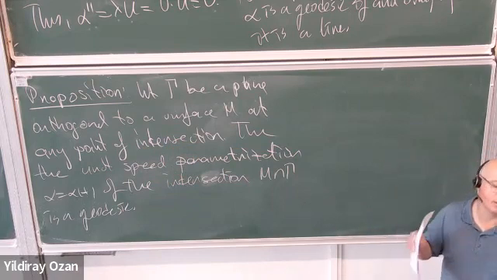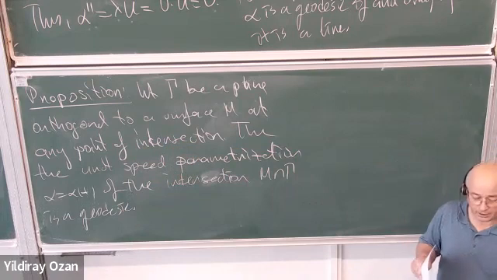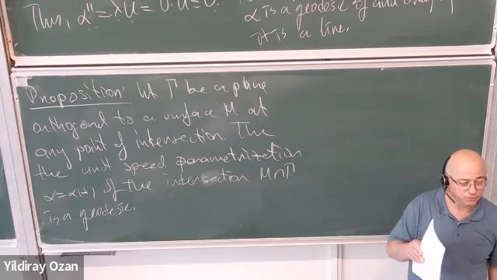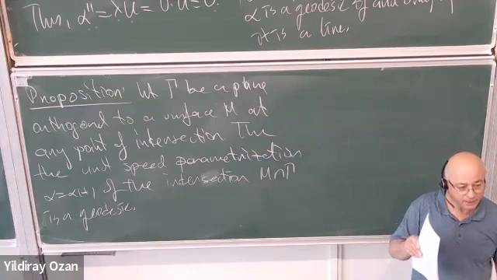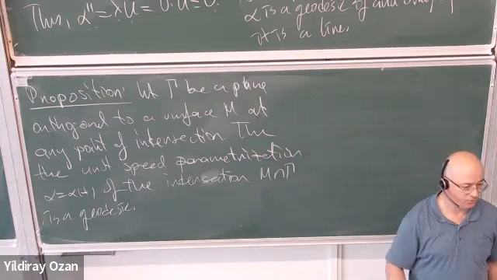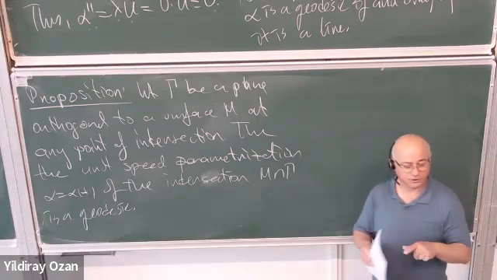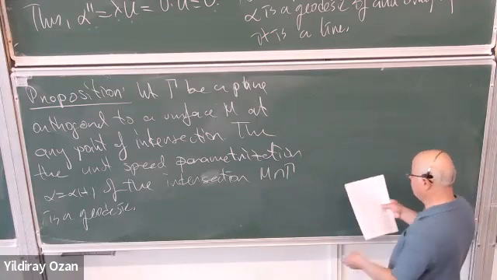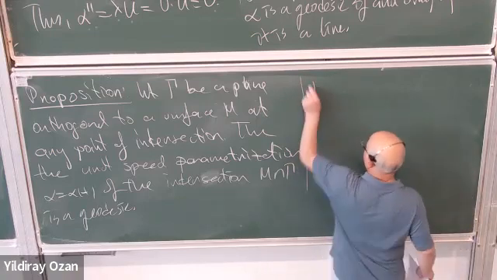If you cut the sphere by a plane which is perpendicular to the sphere, then that plane must go through the center of the sphere. Therefore, the intersection curve is a great circle. But this is true in general, and the proof is easy.